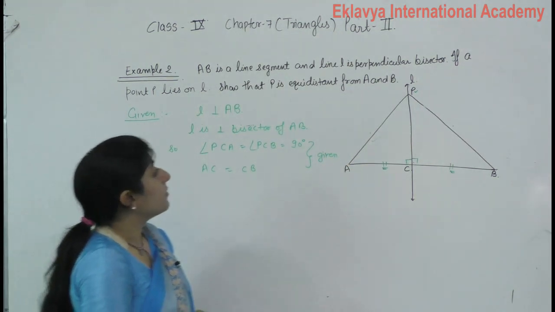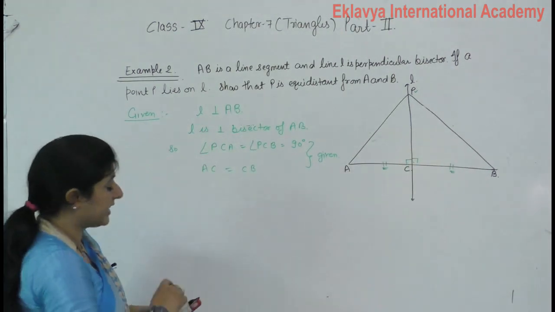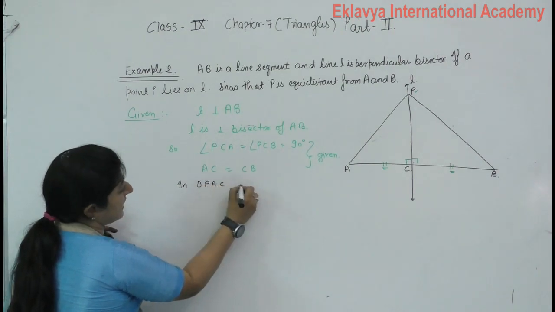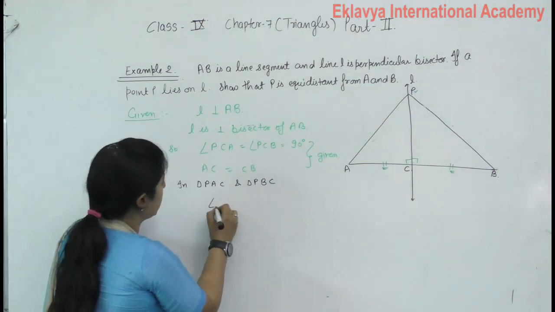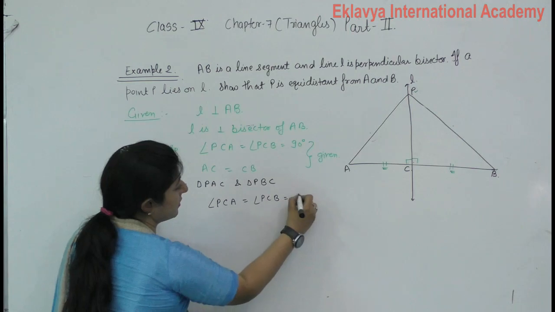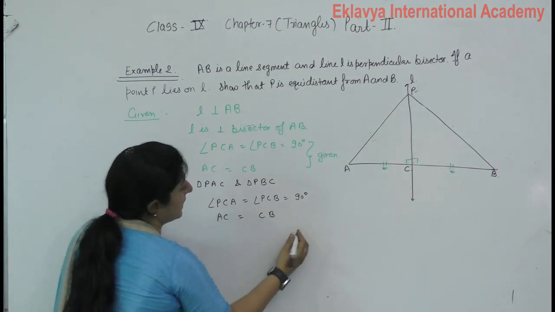Now we want to prove these two triangles congruent. So we take triangle PAC and triangle PBC. Which information do we know? Firstly, write down angle PCA is equal to angle PCB is equal to 90 degrees, and AC is equal to CB.